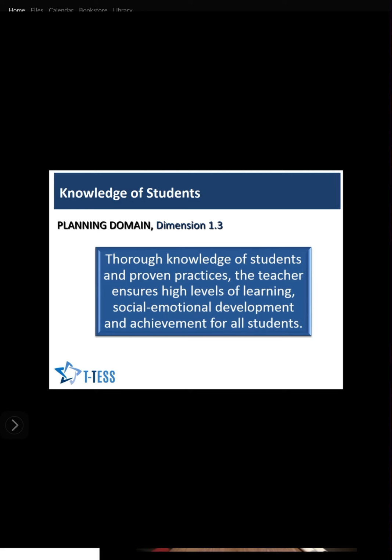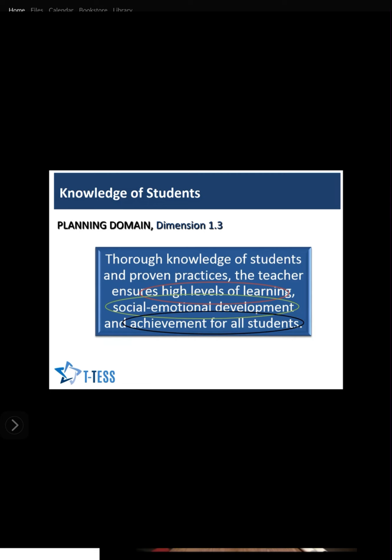What is implied in this definition is that teachers acquire relevant knowledge about their students and use this information to guide instructional decisions. Lessons are designed with processes and strategies that build coherently and connect students' prior understanding and real-world experiences to the key points in this definition: high levels of learning, social emotional development, and achievement for all students.